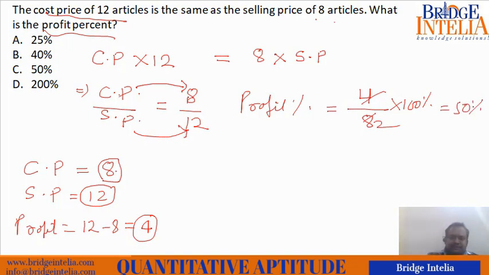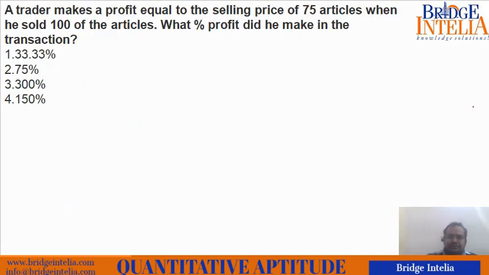Let's move to the next one. A trader makes a profit equal to the selling price of 75 articles when he sold 100 of the articles. What is the information given in the question? Profit is equal to selling price of 75 articles when he sold 100 of the articles.